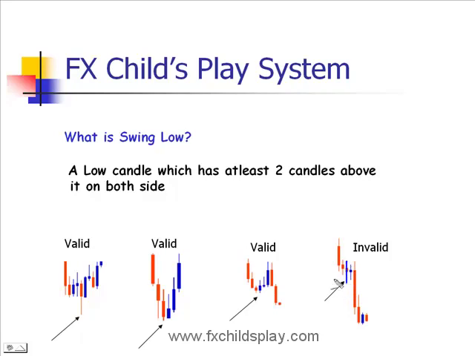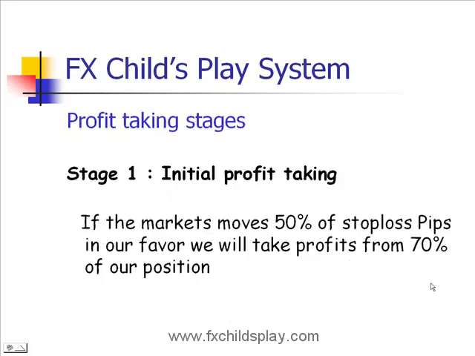Price made a low here and it has 2 highs on the left side, but look here, it has only 1 high on the right side, and the second candle crossed this, so it does not qualify as a swing low point. So the more candles on each side, the more significant the swing point becomes.